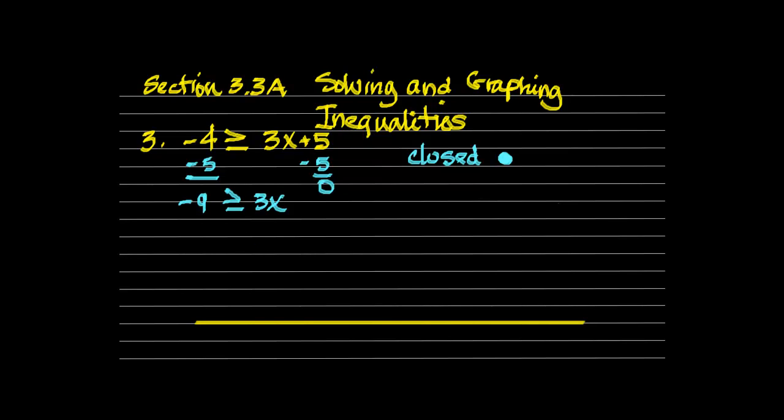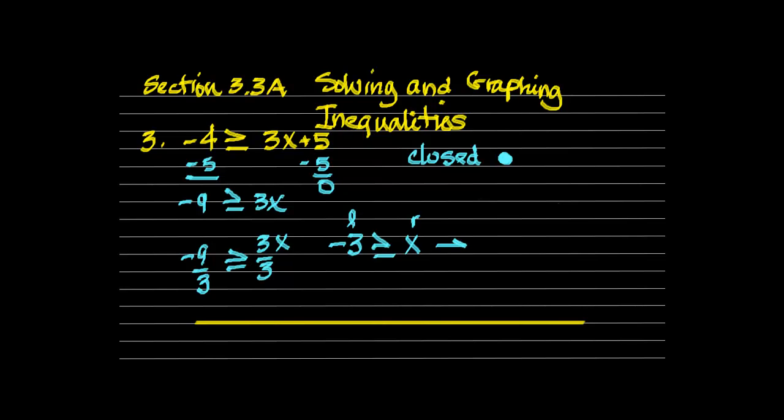I can see that I need to divide each side by 3 to get the 3 to a 1. So now I have a negative 3 is greater than or equal to 1x or x. Now we see that this is on the right hand side, that is on the left.